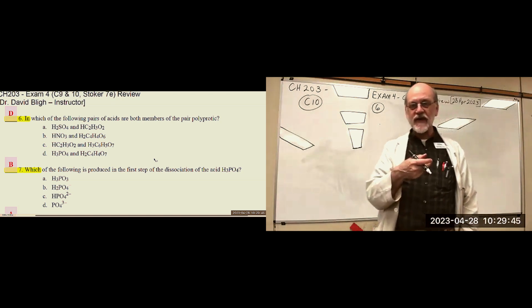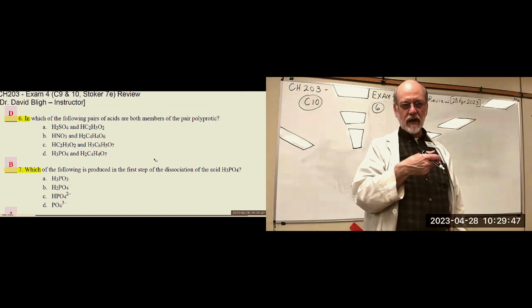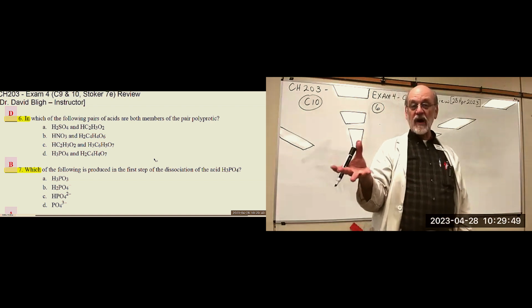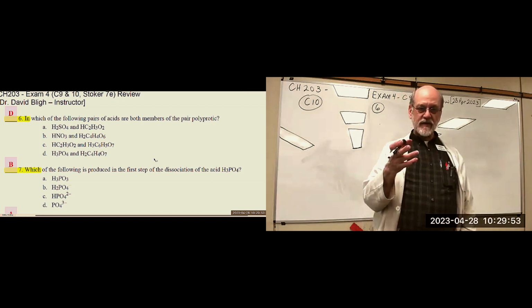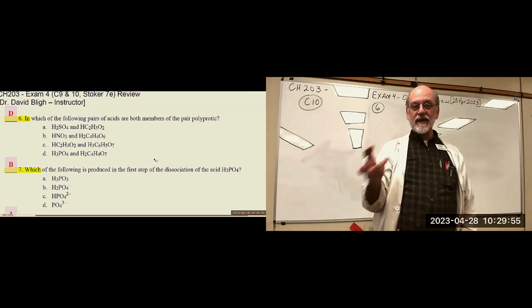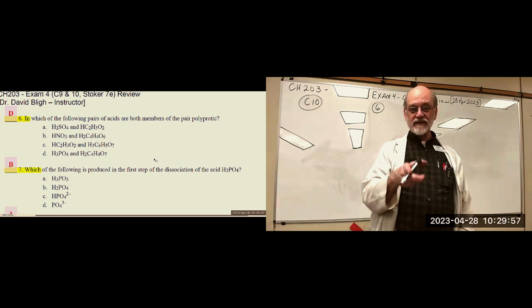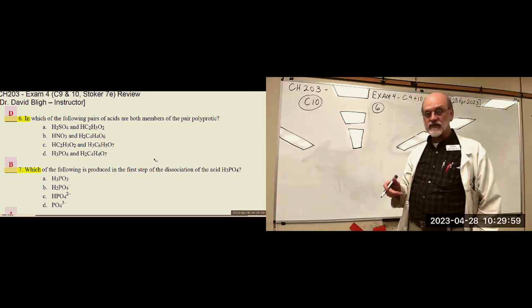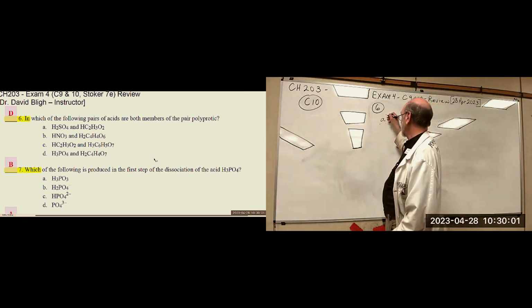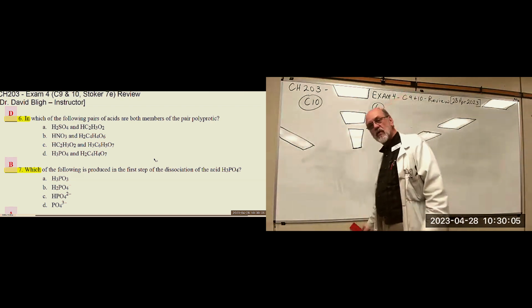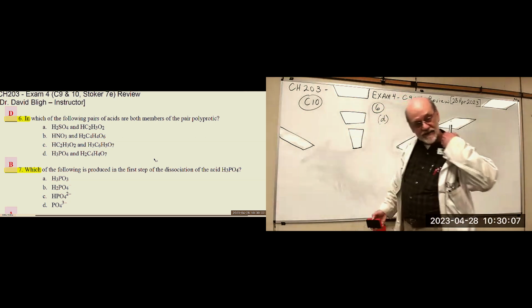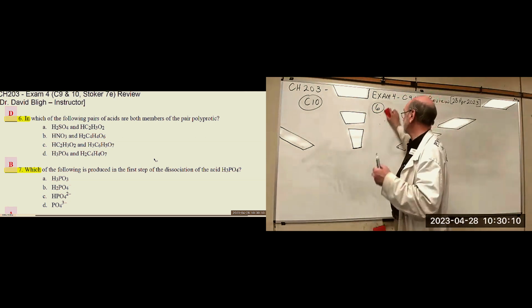So which one satisfies polyprotic? A is diprotic, monoprotic. B is monoprotic, diprotic. C is monoprotic, triprotic. And D is triprotic, diprotic. D is the answer. Poly just means many, 2 or more. So D satisfies.